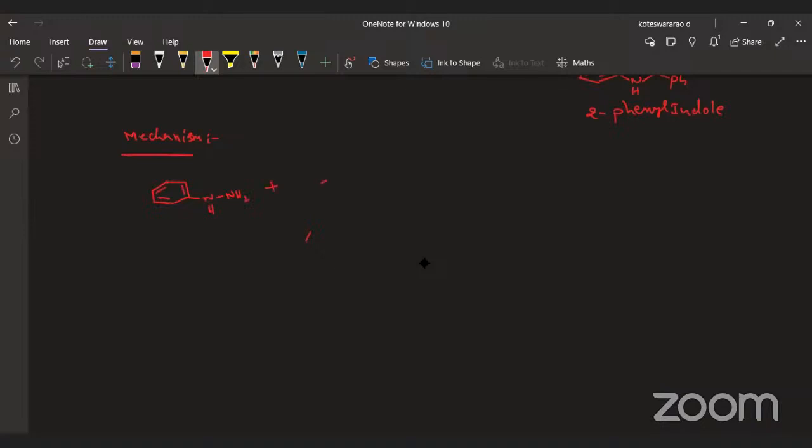Now it reacts with a carbonyl compound. The alpha methyl group is important for cyclization. Whatever it may be, you can take phenyl or any R group and substitute it.